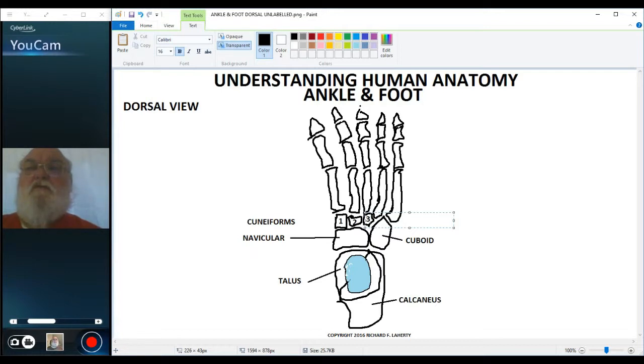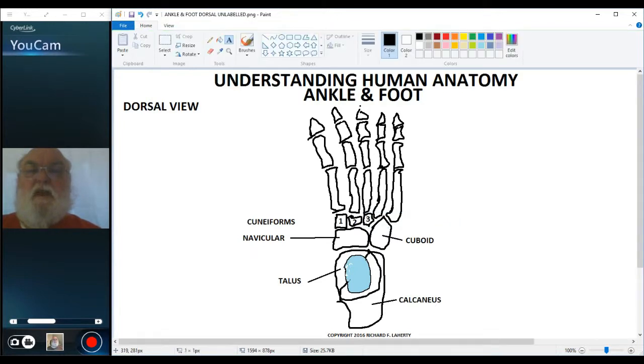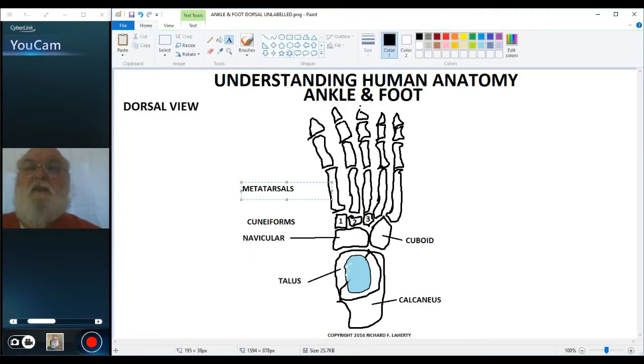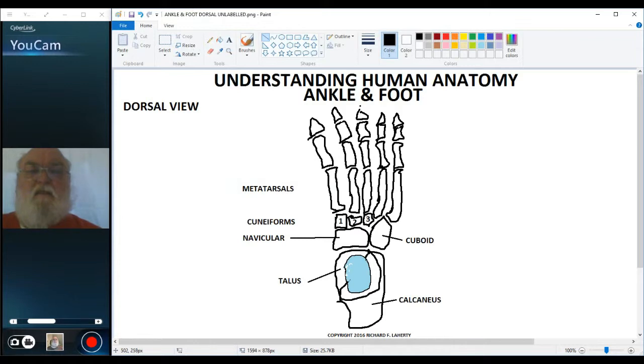Then we have the bones of the foot proper, the metatarsals. And I'll indicate that with a bracket here. And the metatarsals also are numbered.